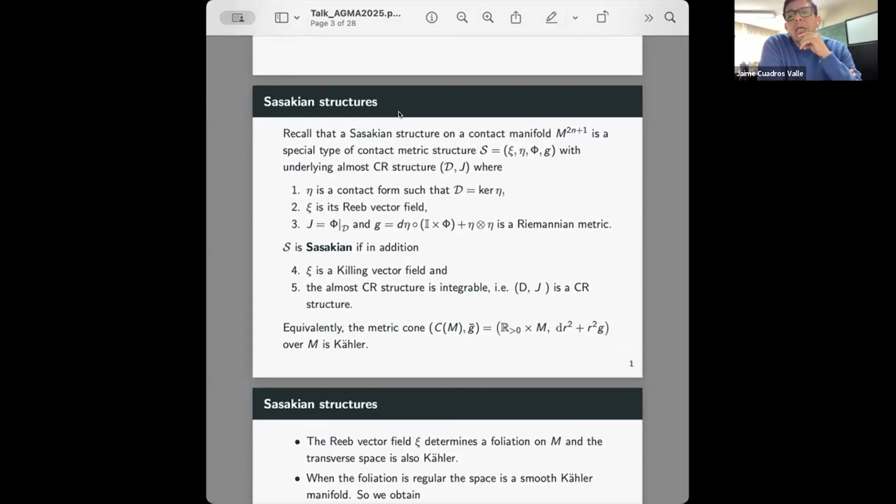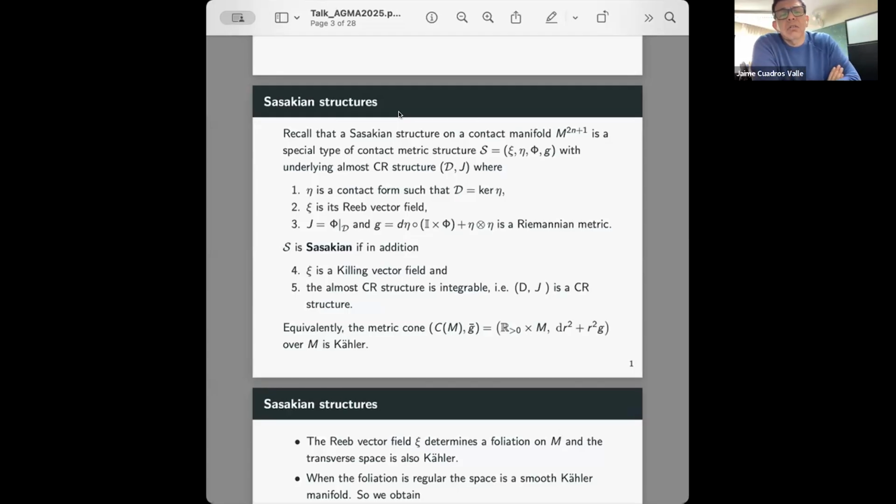We will be defining some geometric structure on an odd dimensional manifold, real dimensional manifold, in principle. And it combines several structures, or several tensors to be more precise.